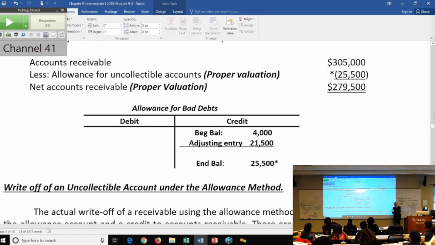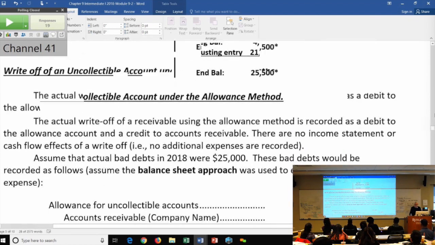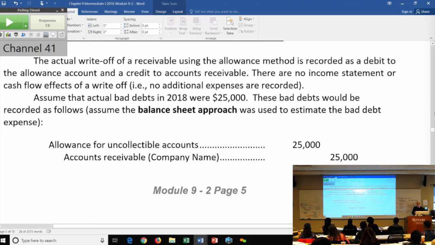Now, Terry had a question about a write-off. When you write off a receivable, no further expense is incurred. So the write-off entry goes against the allowance. Now the allowance account, as we said, is like a cushion. It's a reserve against which the bad debts would be written off.